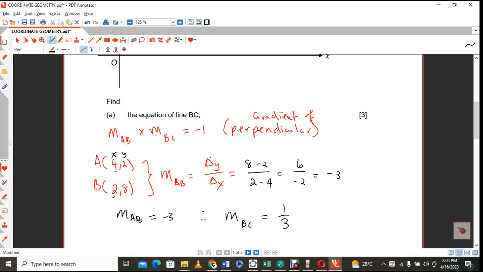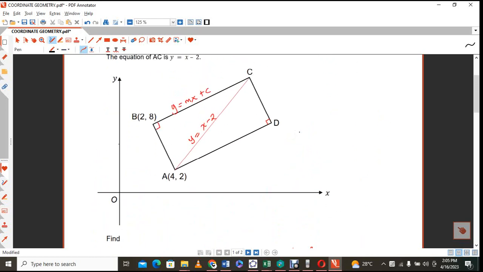Now I know the equation of line BC is y = 1/3 x, but we're now looking for the y-intercept, the value of c. We are going to take point B, because it's common to this line, and substitute it in this equation in order to find the value of c.